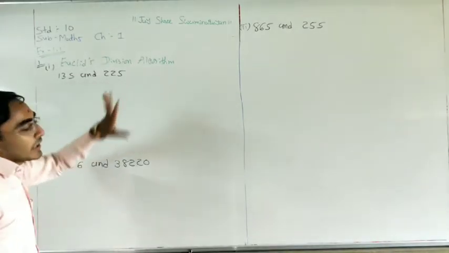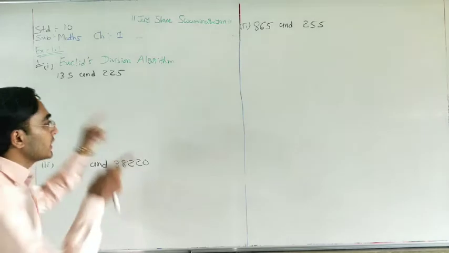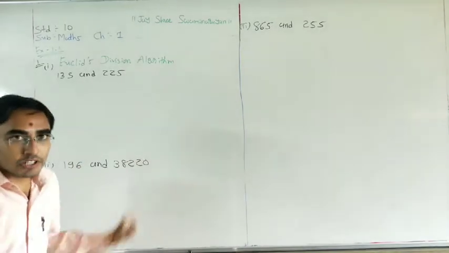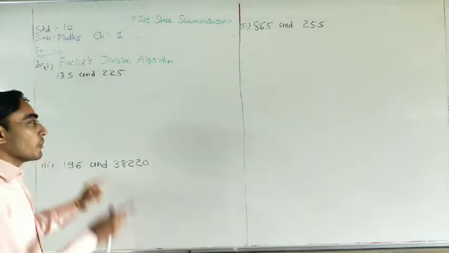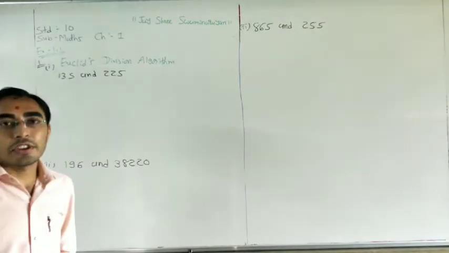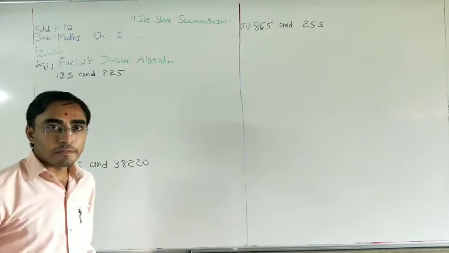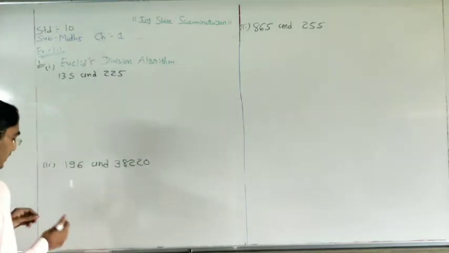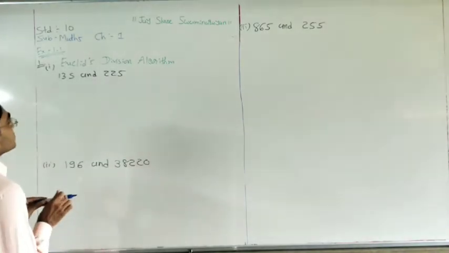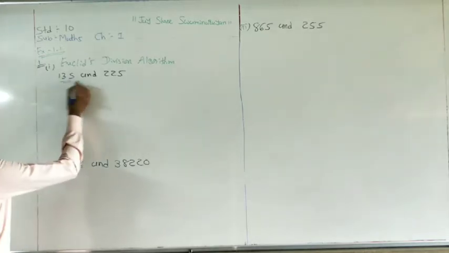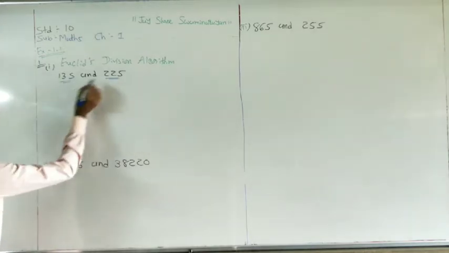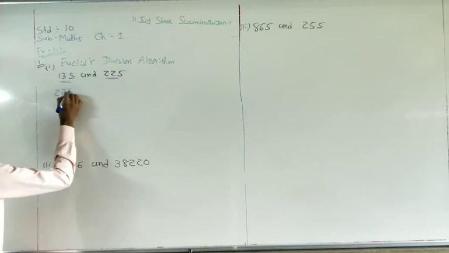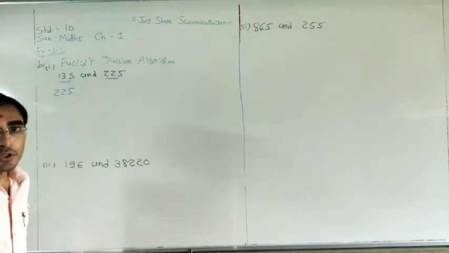Here two numbers are given to you. You need to find the HCF. We have the factorization method, but right now we need to find the HCF by Euclid's algorithm. The first step is, out of these two numbers, which number is big? 225. So 225 you need to write here, your big number.